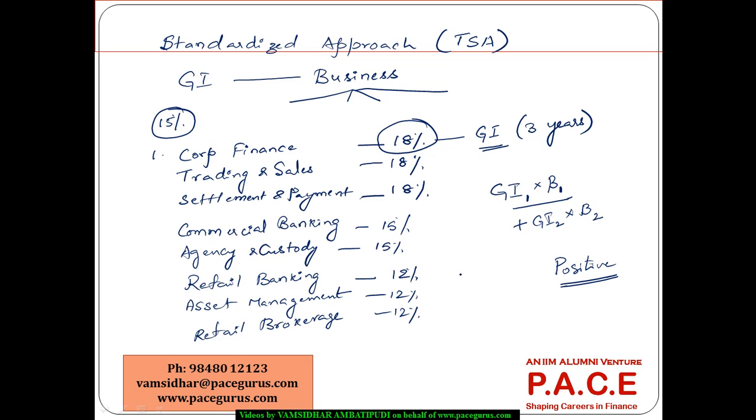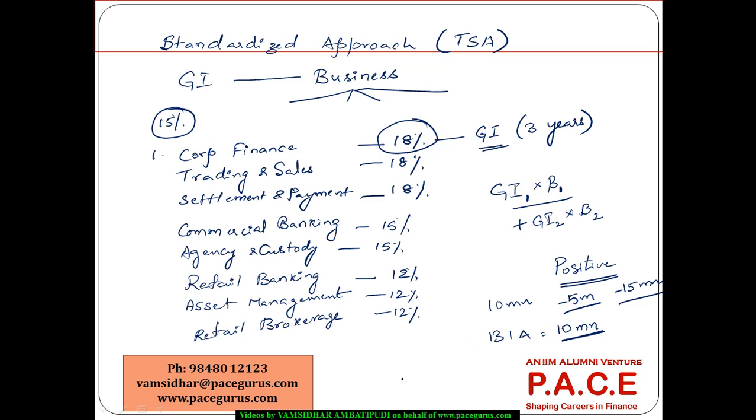Let's say after I did this entire sum for 3 years, for the first year I got 10 million, for the second year I got minus 5 million, and for the third year let's say I got minus 15 million. In a basic indicator approach, we would not have taken these two, so the average gross income I would have taken as 10 million directly.